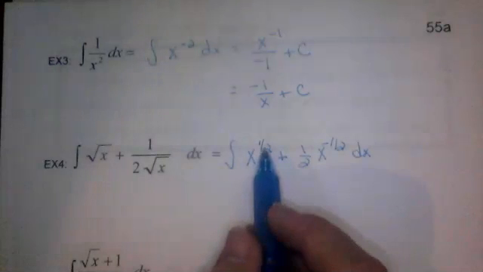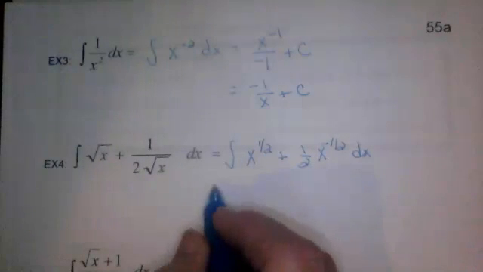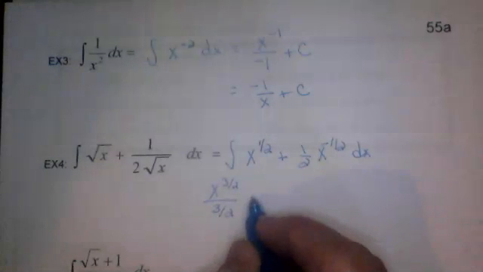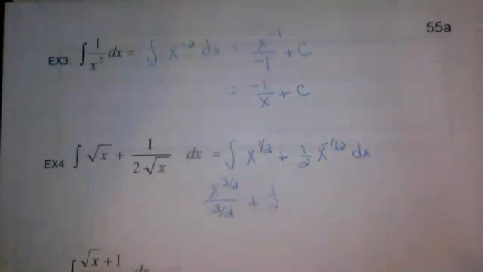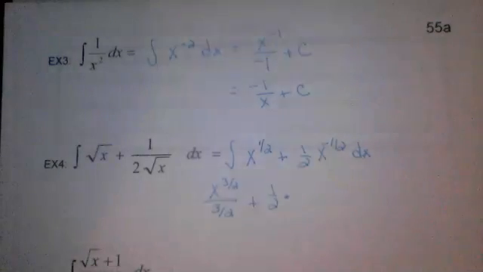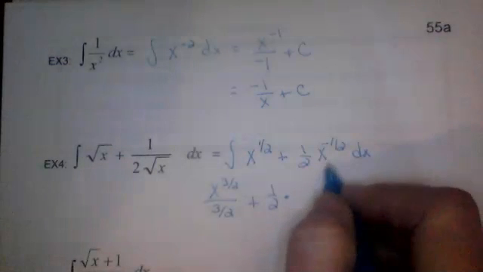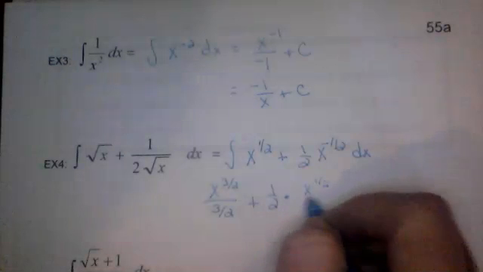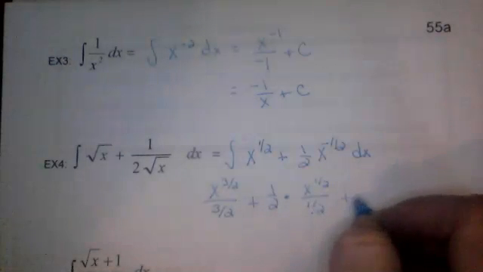So if I add 1, 1/2 plus 1 would be 3/2. So I'm going to get x to the 3/2 over 3/2 plus 1/2 times, so now I'm using this. I have a constant times my function. So I can just tag that 1/2 along, 1/2 times, and then this is going to be add 1, we get x to the 1/2 over 1/2 plus c.